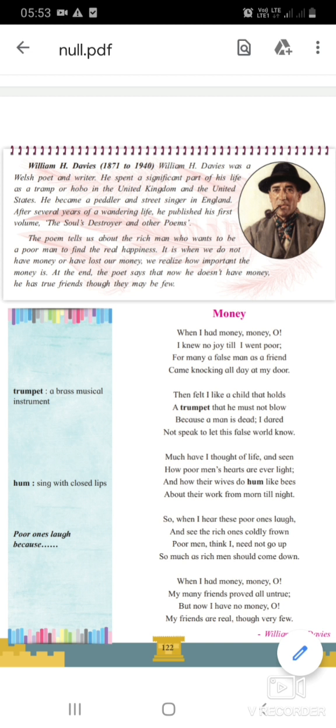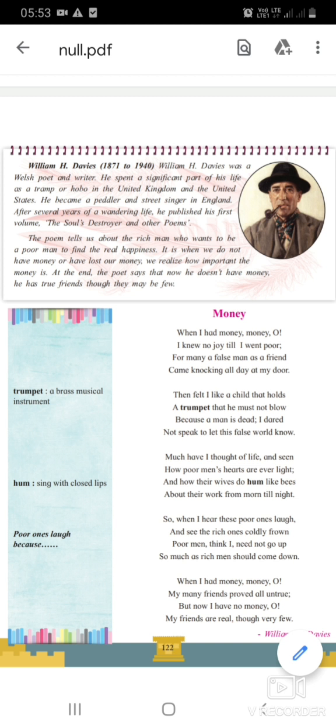Now see the third line of the stanza. But now I have no money. Oh, see, apostrophe is there. Here also poet has used an exclamation mark where the feeling is represented by an exclamation. So, in this way, we have learned different figures of speech in this poem.